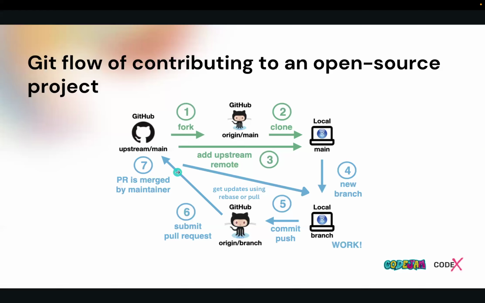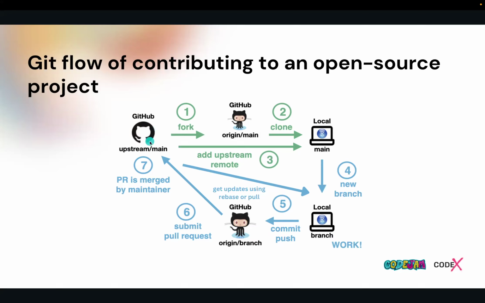So here you can see I missed that central arrow here. This arrow is basically to get the updates. Let's say you are working on a feature for a couple of months. During that couple of months, will that original repository not change during that whole period? No, right?